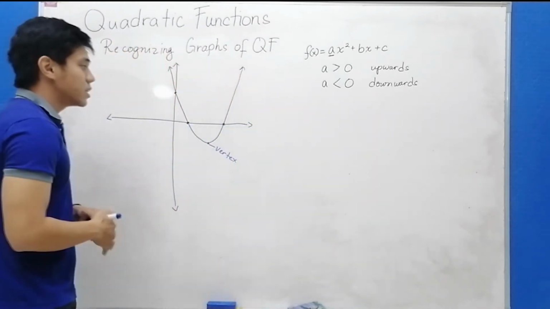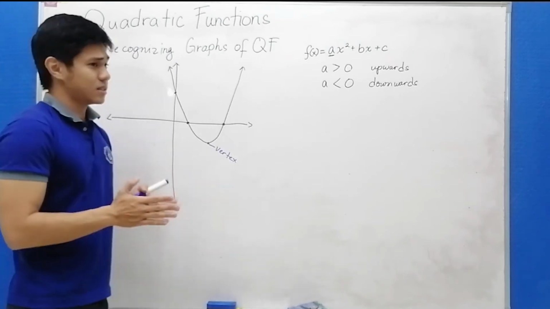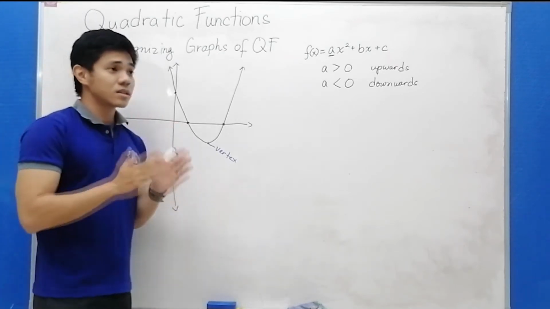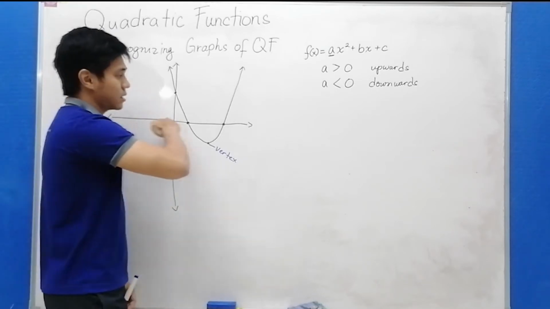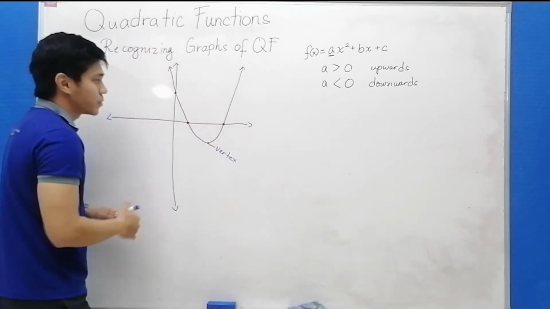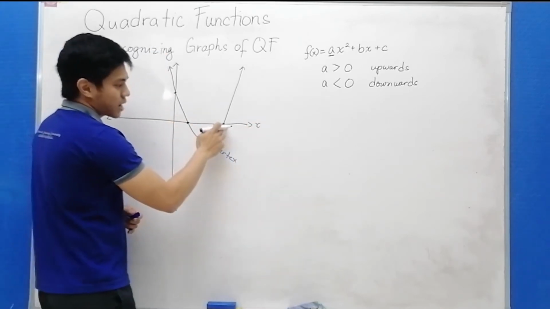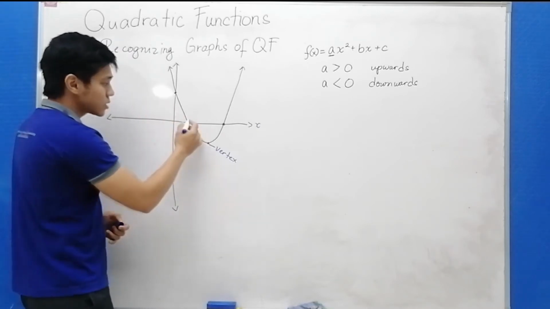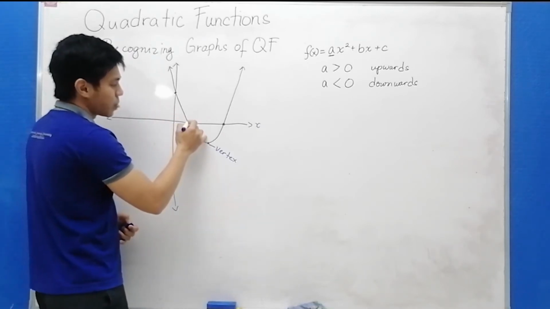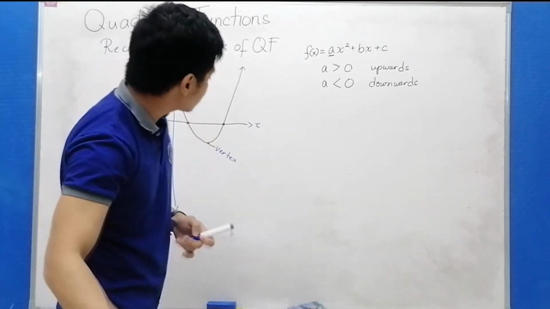Now, the other parts that we need to take note of are the X-intercepts and Y-intercepts. What do we mean by X-intercepts and Y-intercepts? It's when the line in the graph passes through the X and Y lines. The X-intercepts are the points where it passes through the X-axis, when Y becomes 0. So these are the 2 coordinates.